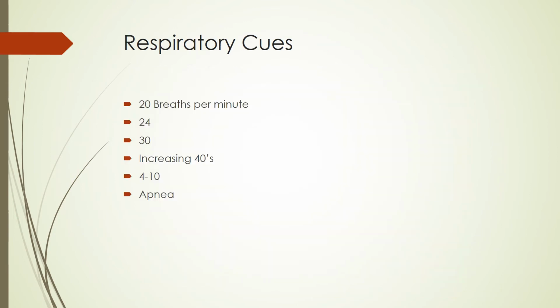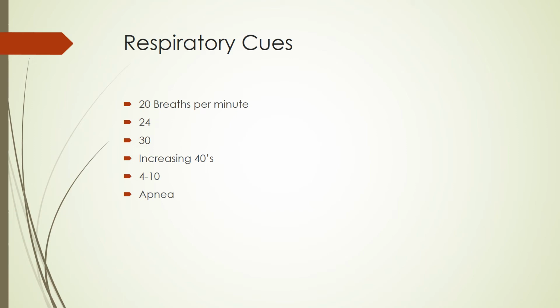So, respiratory cues. Think about what the impending issues are. We know that 20 breaths per minute could be pretty normal for our adult patient, but once they start increasing, or once they start getting bradypnea, low respirations, anything below 10 is a problem.